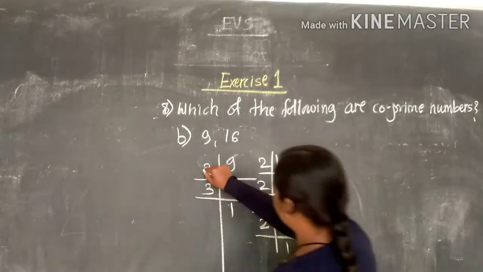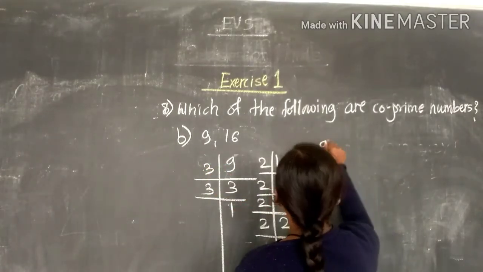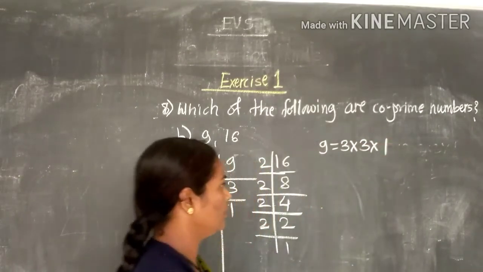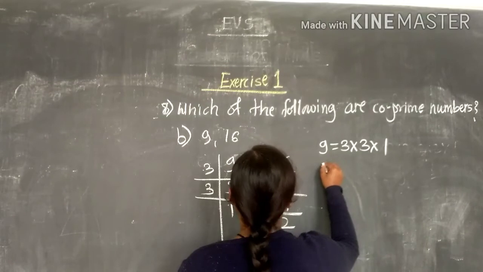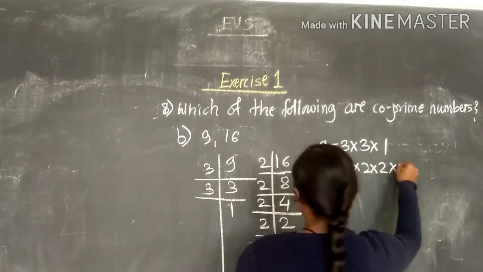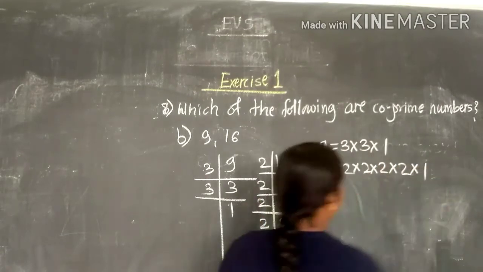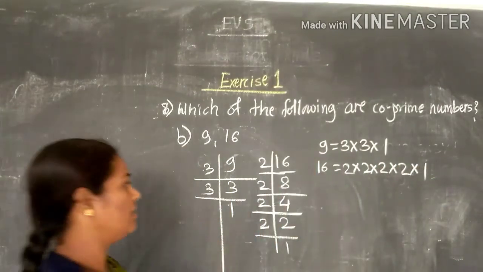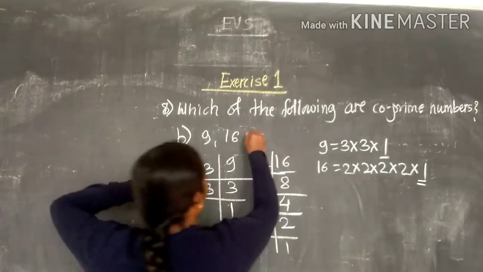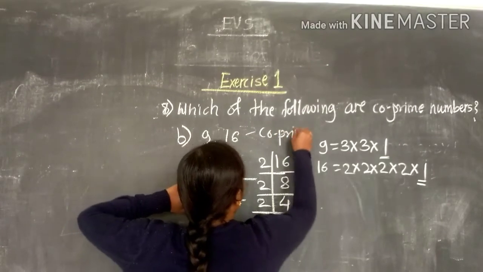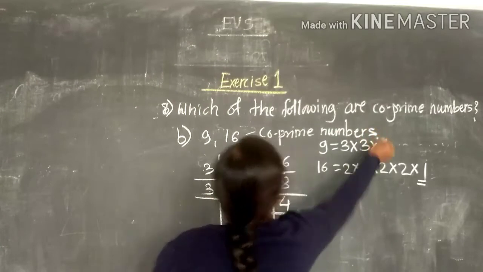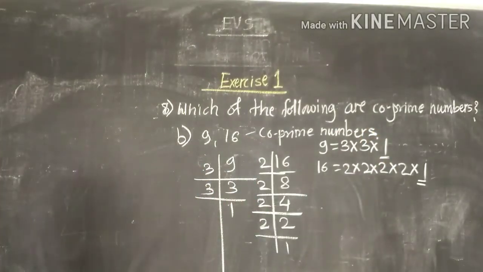Which are the common factors? For 9, 3, 3, 1. For 16, 2 into 2 into 2 into 2 into 1. Here only 1 is the common factor, so these are co-prime numbers. It is very simple. In this way you have to find out.